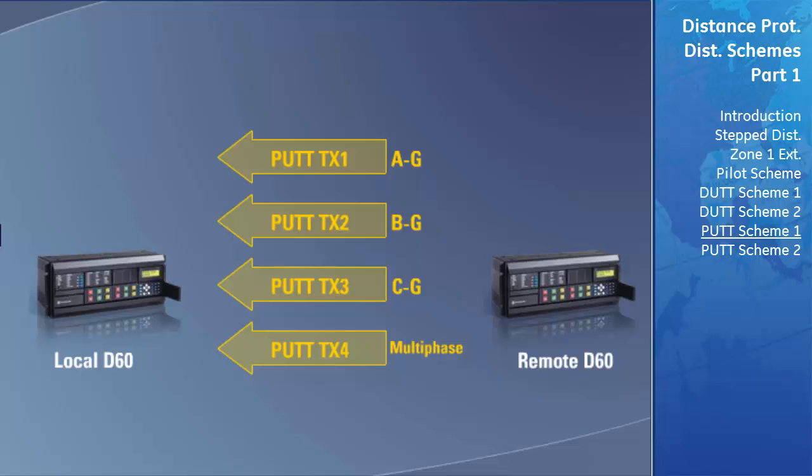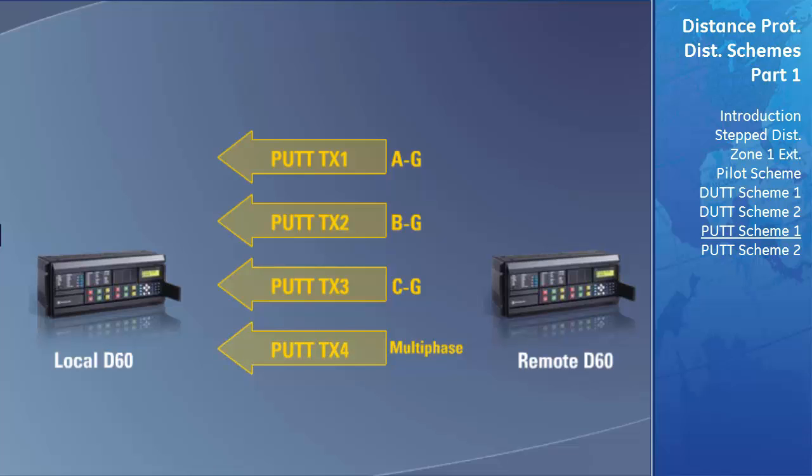As in the DUTT scheme, the PUTT scheme handles this signaling of which phase is faulted by having the ability of sending up to 4 different PUTT keys that are available in the relay. These keys are called the PUTT TX1, PUTT TX2, PUTT TX3, and PUTT TX4.